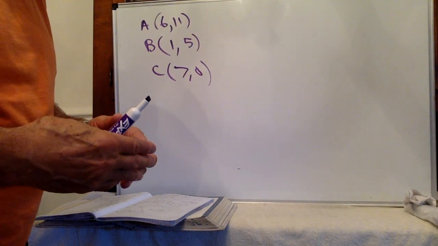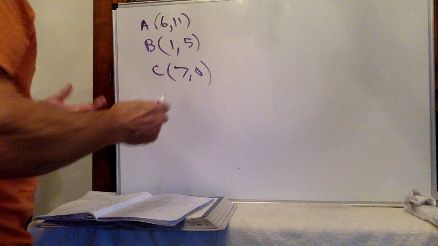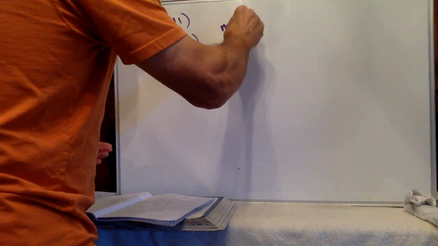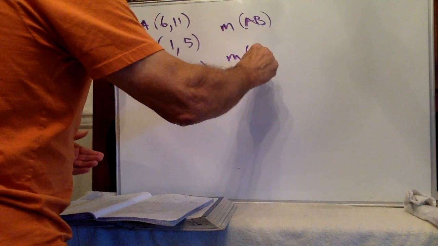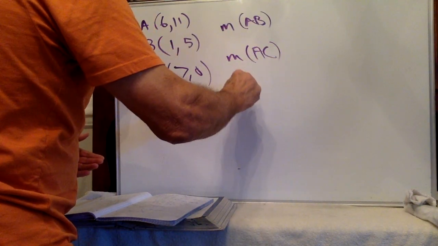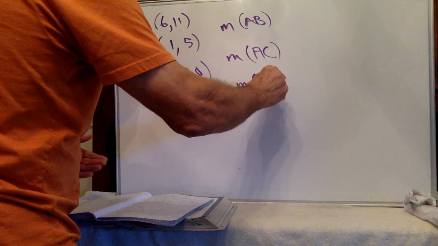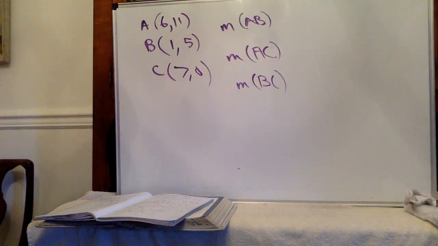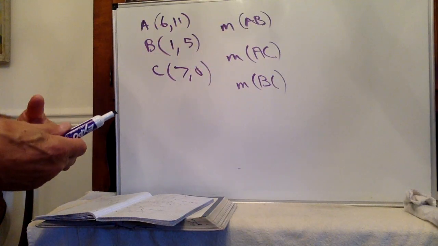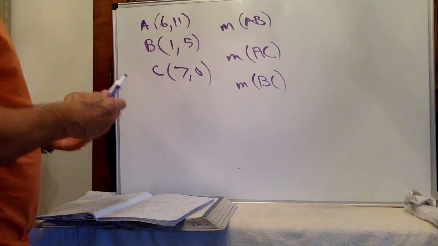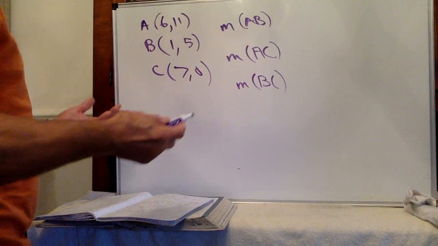Perpendiculars intersect at right angles, making it a right triangle. So I need to compute the slope of AB, the slope of AC, and the slope of BC. And if the slopes of any 2 of them are negative reciprocals, that makes those sides perpendicular to each other, making it a right triangle.